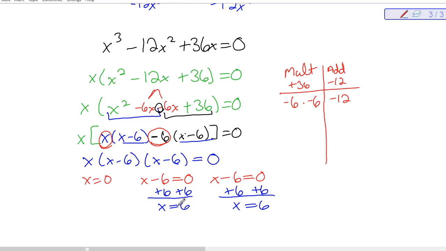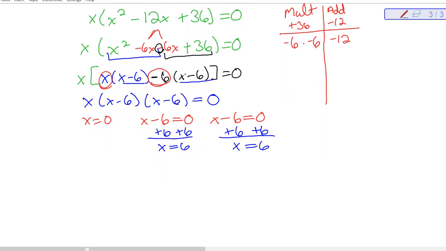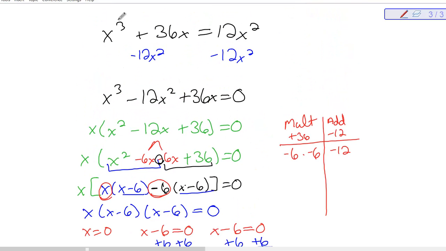So really, these two are the exact same. So whenever I have my answer, it is x equals 0 and x equals 6. If you write down the 6 twice, that's fine, because you know from up here you should have 3 answers. They may just duplicate each other is the only thing.